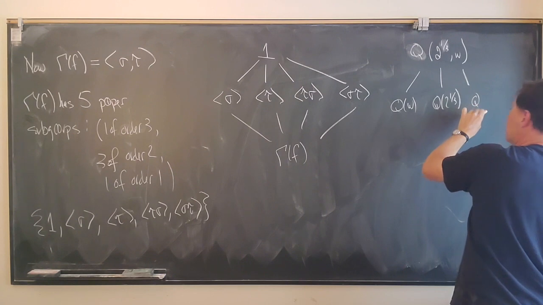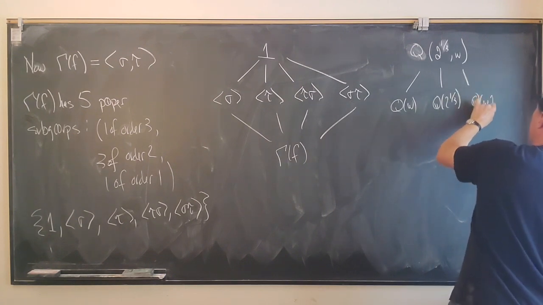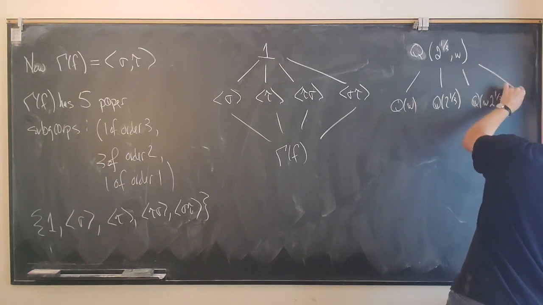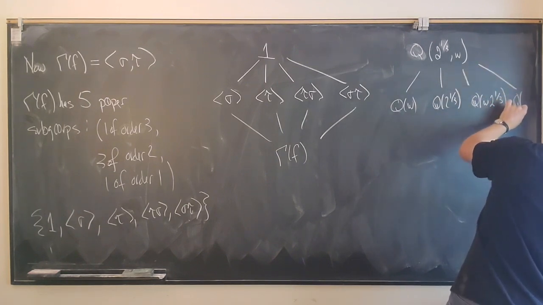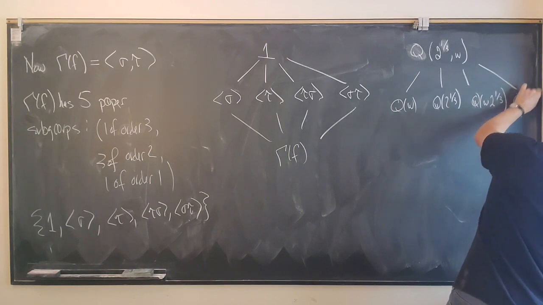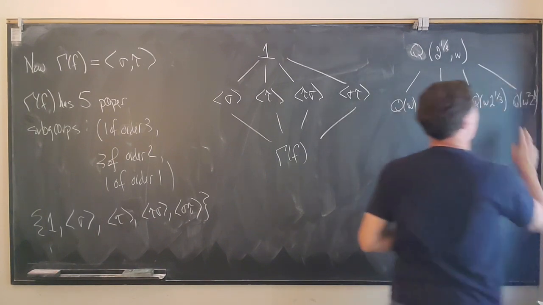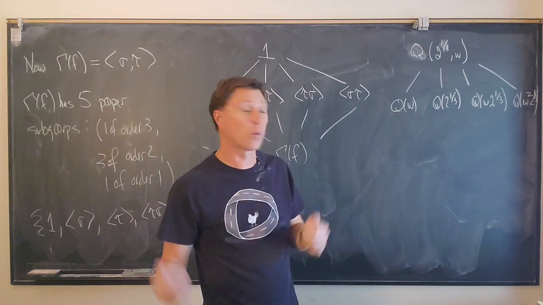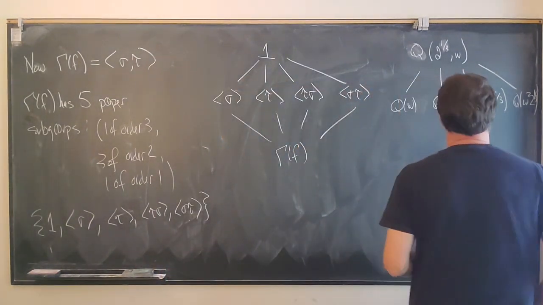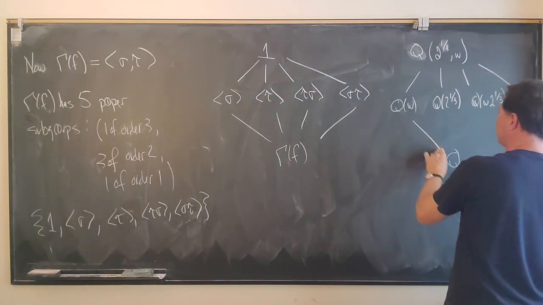Tau sigma was Q adjoin omega times 2 to the 1/3, and the last one over here is Q adjoin omega squared times 2 to the 1/3. Sorry, it's a little bit sloppy there. Hopefully you can see that. And then at the bottom, we have Q.